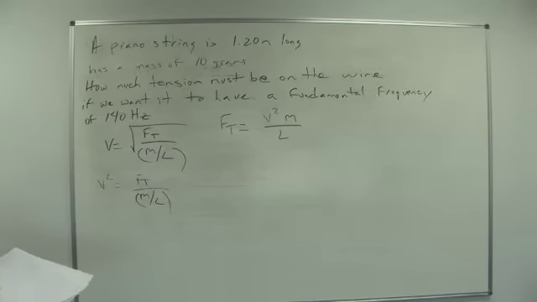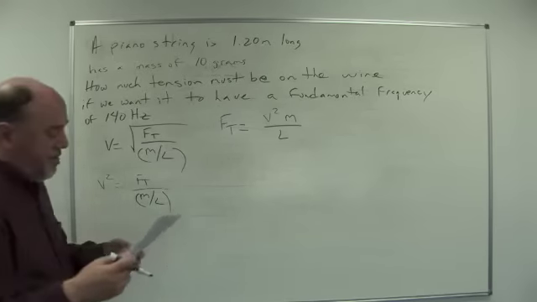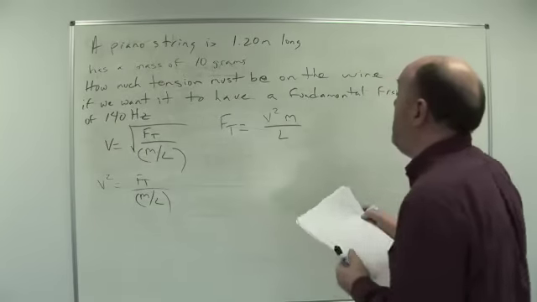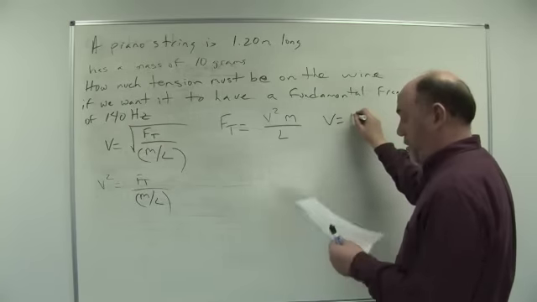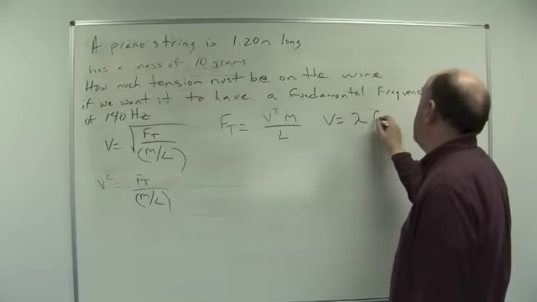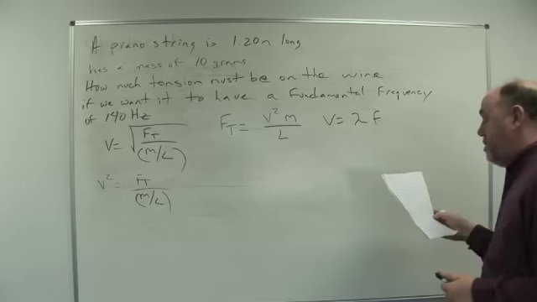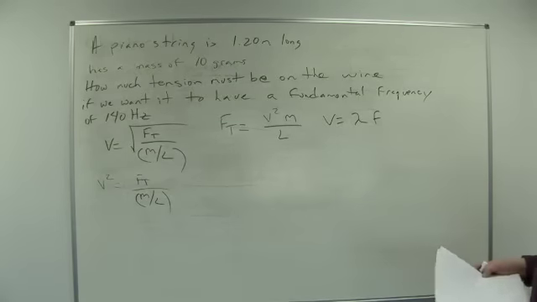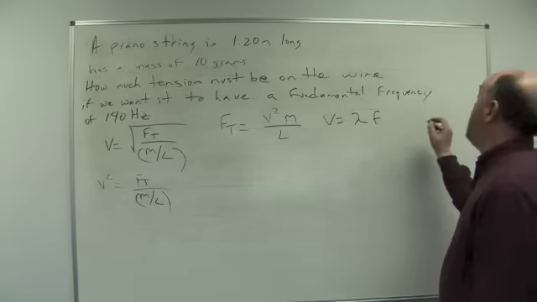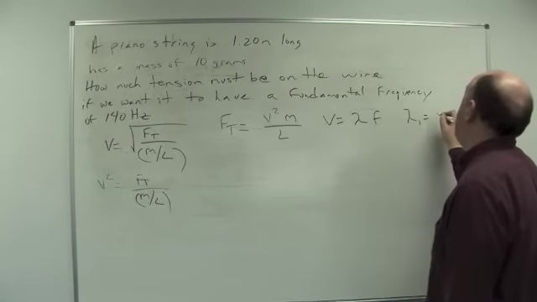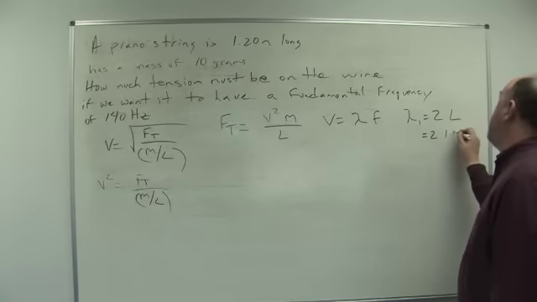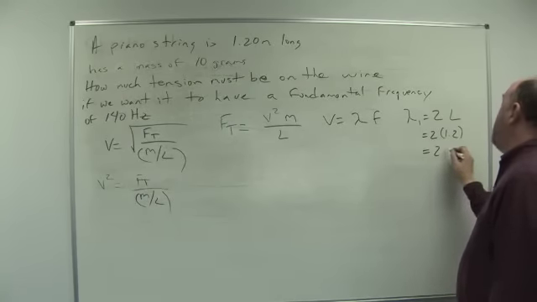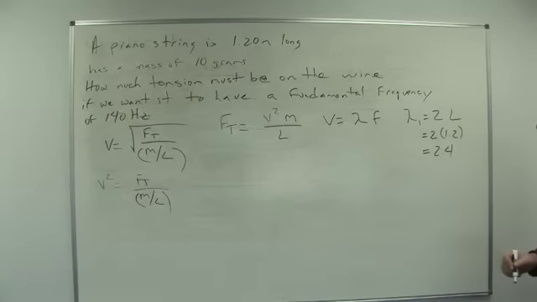Well, that's that equation, but in order to do this, we need to know what v is. We can find v knowing that v is given by the wavelength times the frequency. We're talking about the fundamental frequency here, so the wavelength will just be equal to 2 times the length, so 2 times 1.2, which is 2.4.